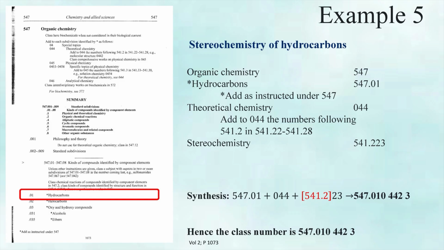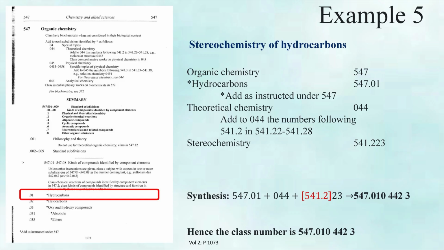So we have three different components of the number. One is 547.01, that is for hydrocarbons. The facet indicator of the add notation instruction where we got the number 044. With 044, we have to add 23 for stereochemistry.